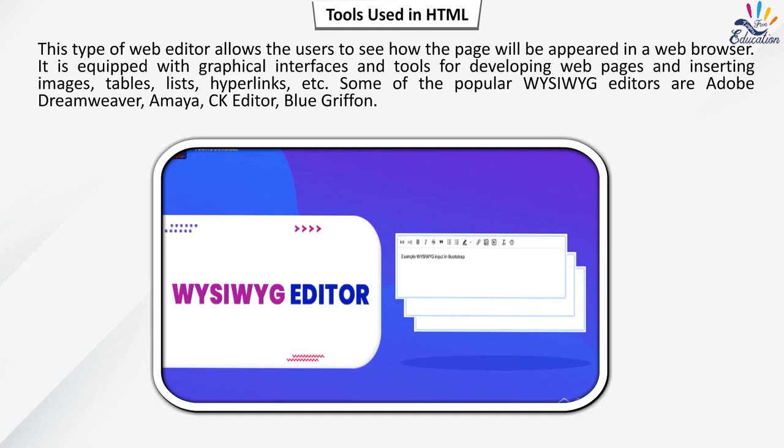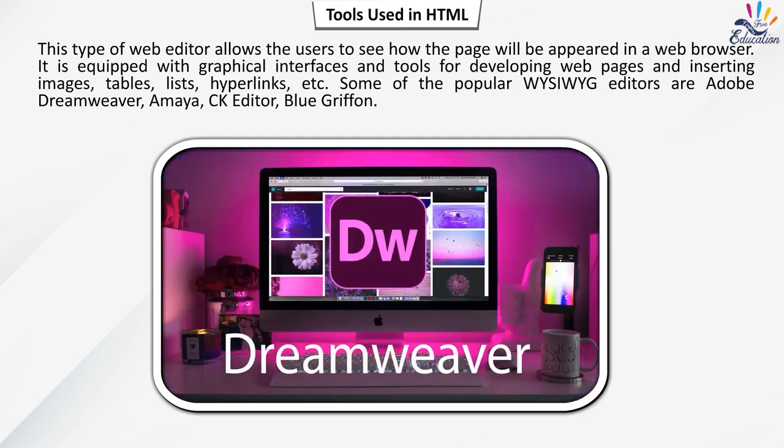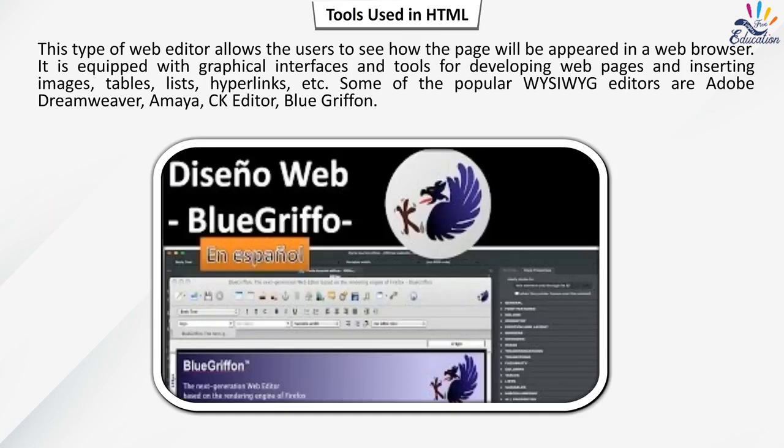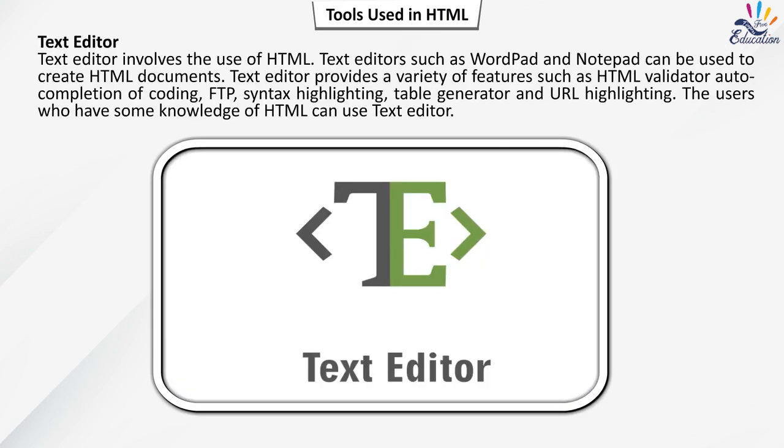It is equipped with graphical interfaces and tools for developing web pages and inserting images, tables, lists, hyperlinks, etc. Some of the popular WYSIWYG editors are Adobe Dreamweaver, Amaya, CK Editor, BlueGriffon.